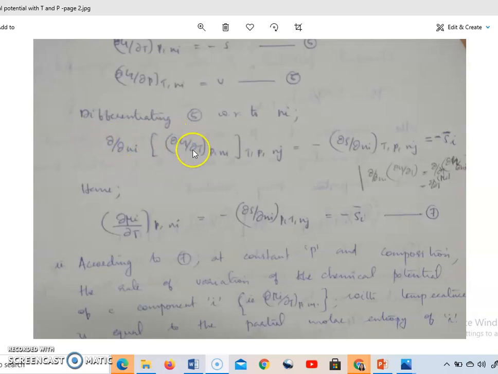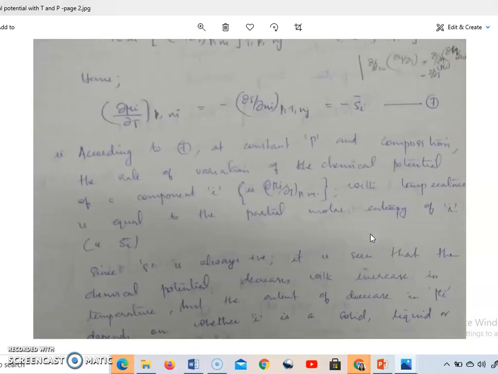What is that? Dou G by dou Ni is G bar i, that is chemical potential. So this entire term becomes mu i, and dou by dou T of mu i, that is dou mu i by dou T at constant pressure and Ni, is equal to minus Si bar. That is equation 7.